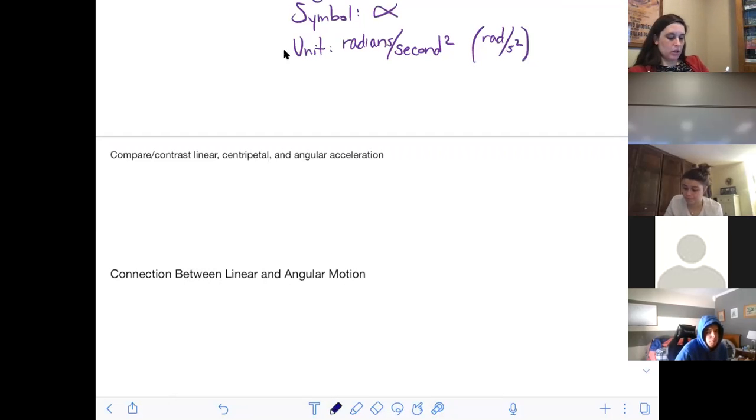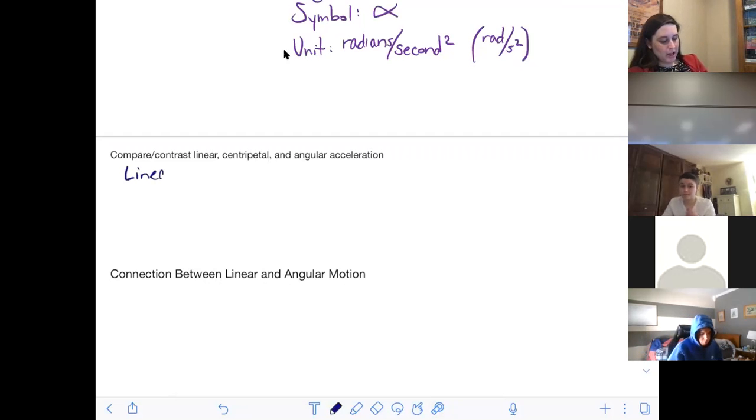I want to do a little compare and contrast between linear acceleration, centripetal acceleration, and angular acceleration, because very quickly here, in the course of like 2 weeks, we've gone from having one kind of acceleration to having 3, and that's a lot.